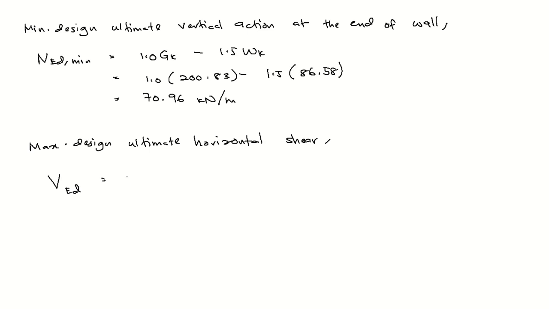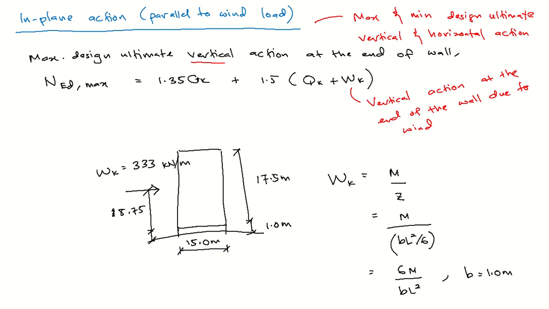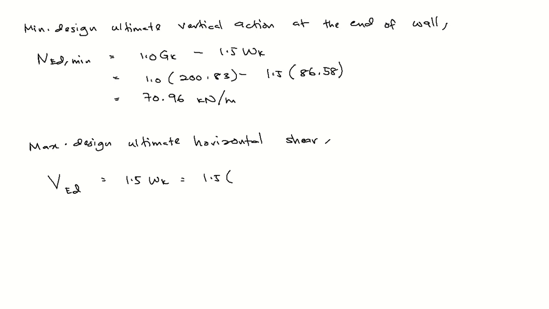So VED is equals to 1.5 WK. Our WK just now is not the WK that is 86.58, but the WK here is the 333 kilonewton per meter. Alright, 1.5 times 333 equals to 499.5 kilonewton. So this is how much of the horizontal shear.